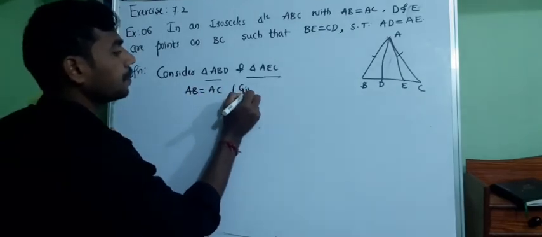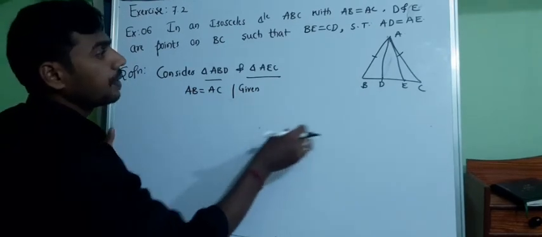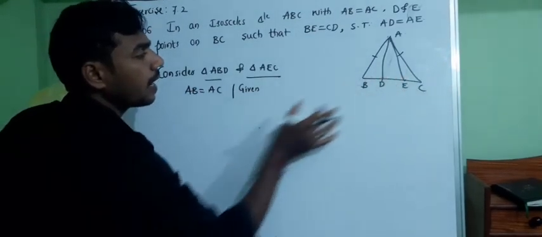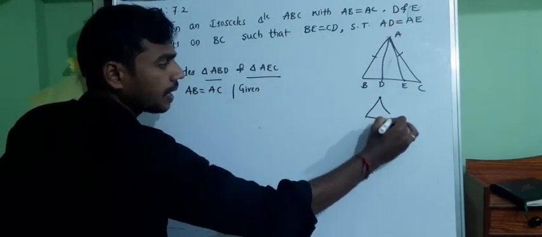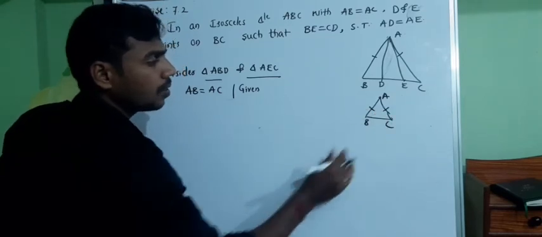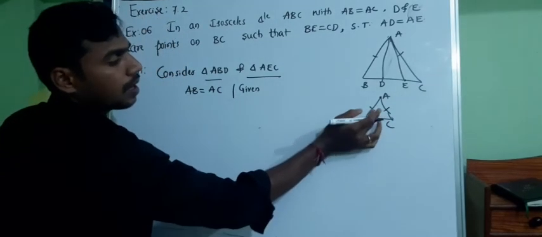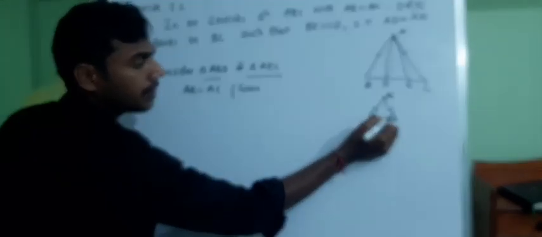Right. Next, angle B is equal to angle C, because in triangle ABC, AB is equal to AC. Angles opposite to equal sides are equal. So this angle will be equal to this angle.